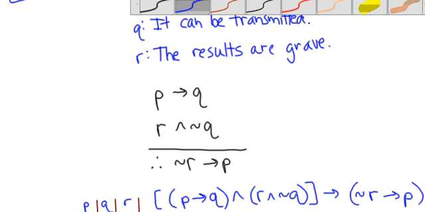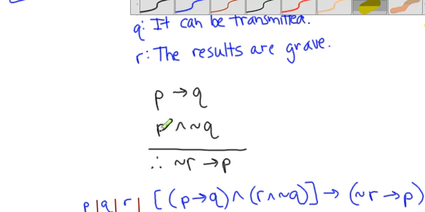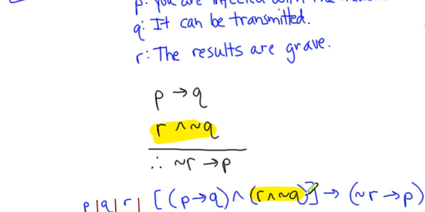We have premise 1, we have premise 2, and then connecting those, it is a conjunction.